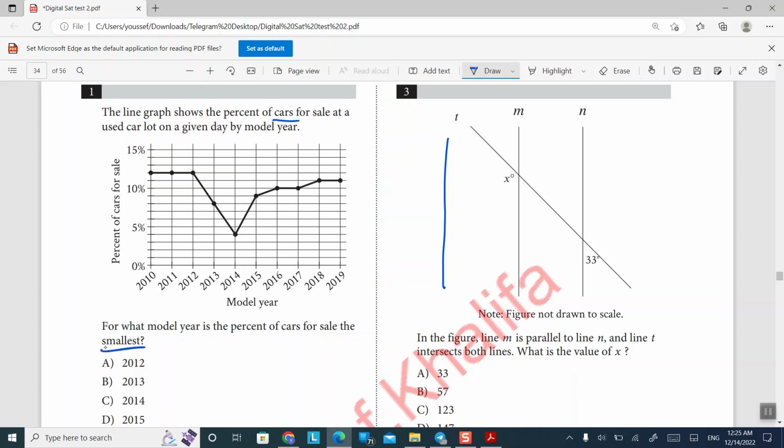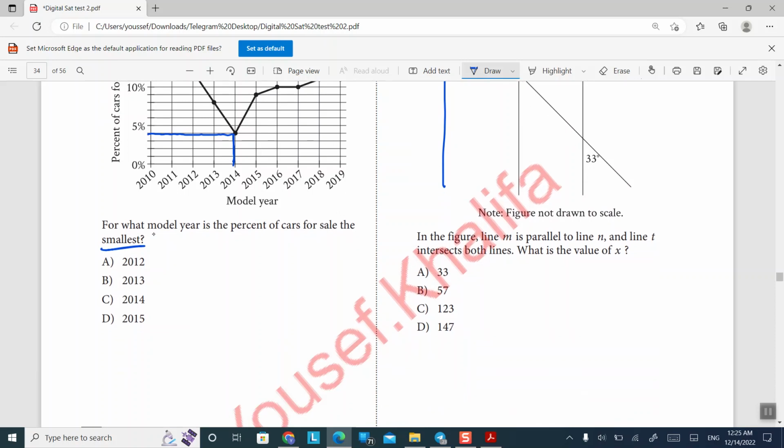So all you have to do is track the graph and find out in which year the percent of cars was small. So that question is easy. The only year which has the smallest yield is 2014. So that's it.